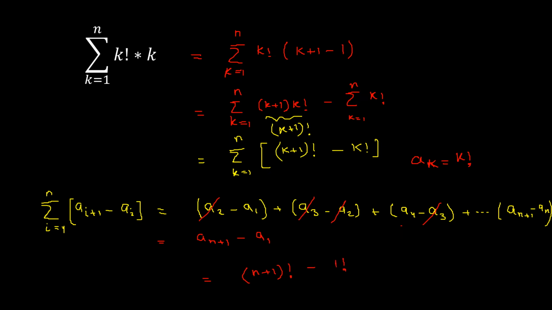This says that the finite sum of the series whose term is k times k factorial is n plus 1 factorial minus 1.